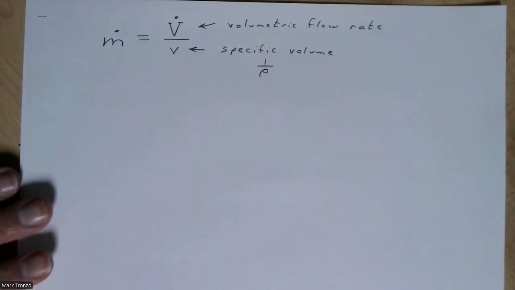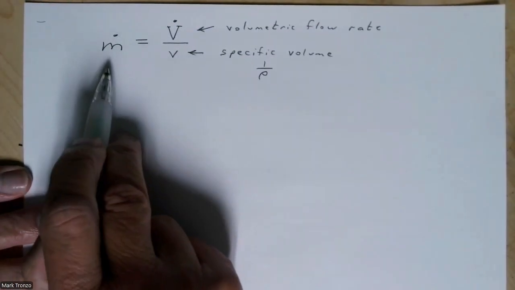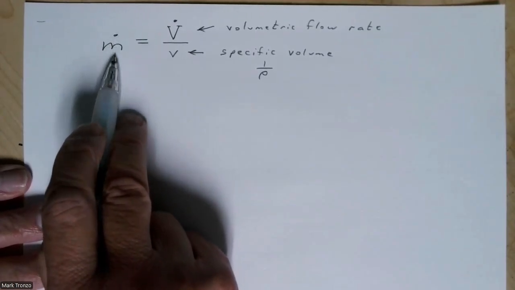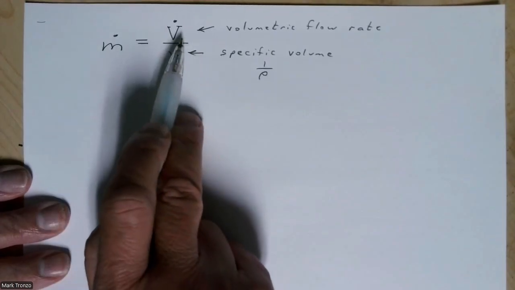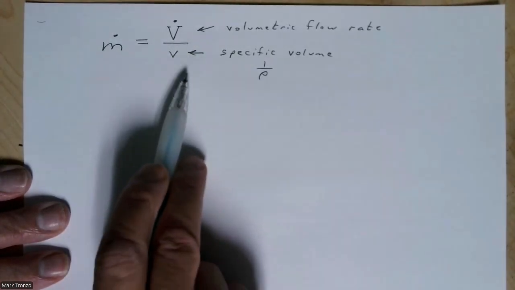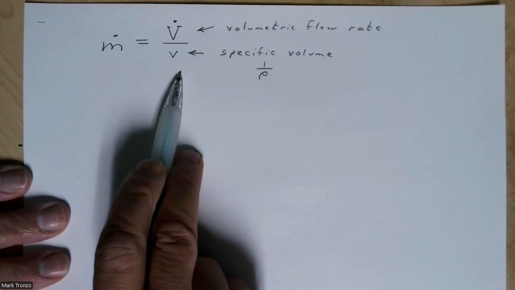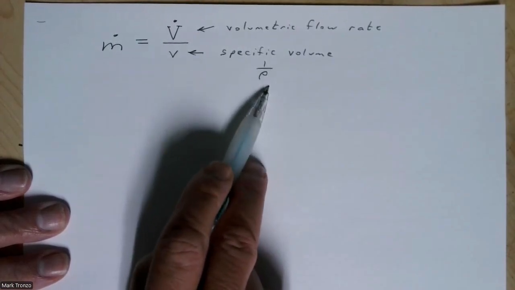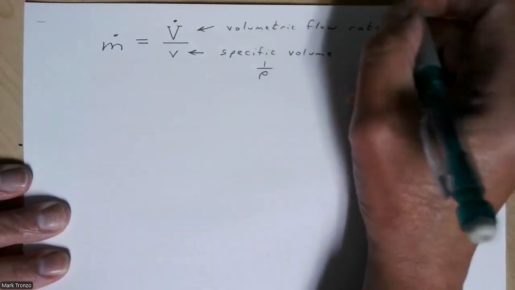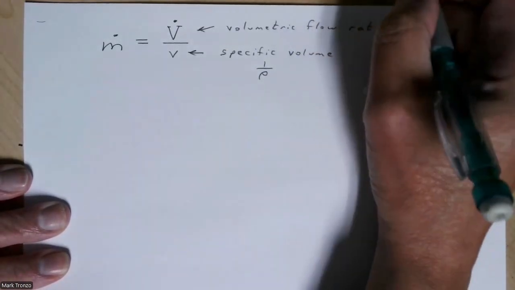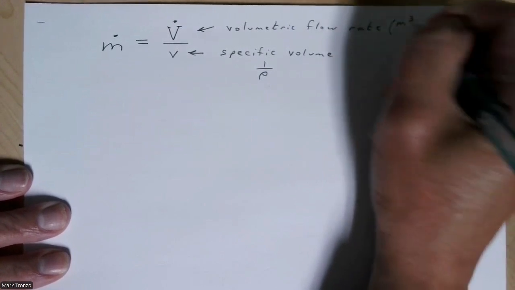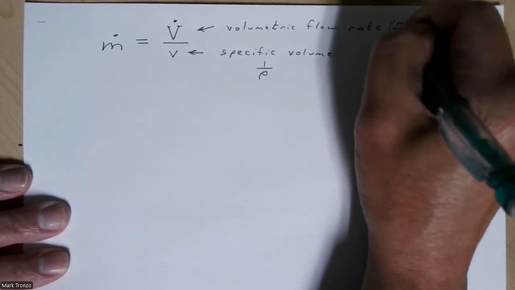And a couple things to remember when we're doing problems in this section. The mass flow rate is equal to the volumetric flow rate divided by the specific volume. Remember, the specific volume is 1 over the density. And of course, the volumetric flow rate, that's usually going to be maybe meters cubed per second or meters cubed per minute.